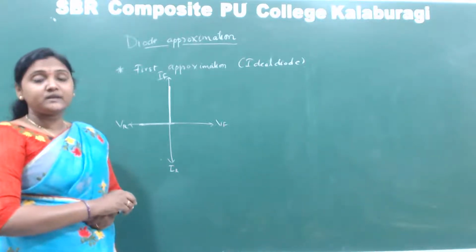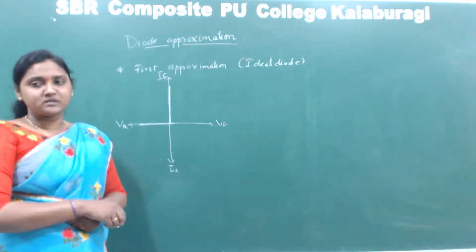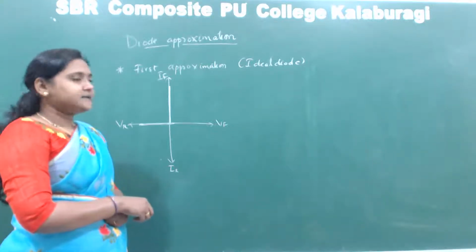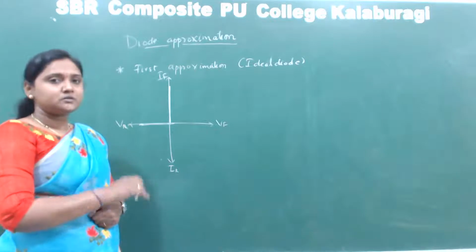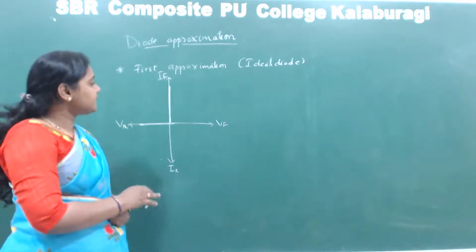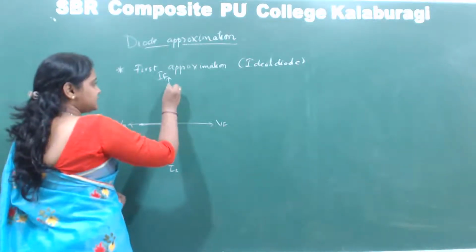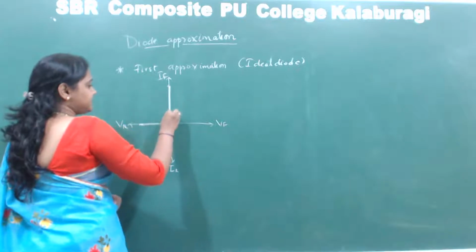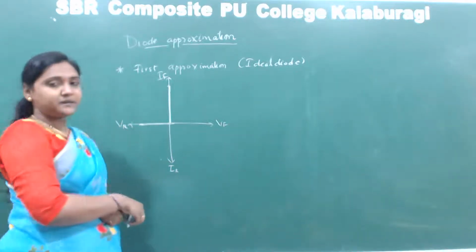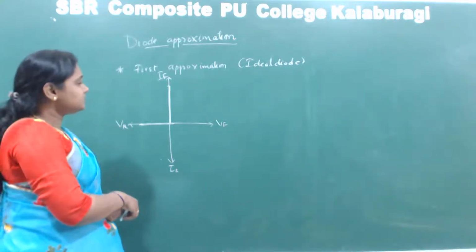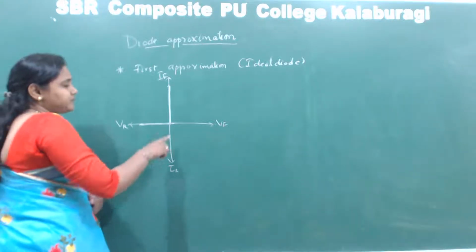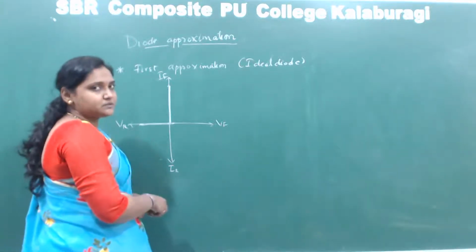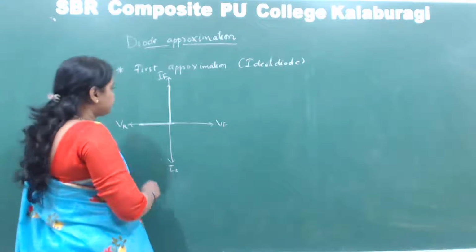In the ideal diode case, we consider that immediately after the voltage is applied, the current is going to shoot up. Suddenly the current should increase, like this, to the maximum current. Maximum current should result by immediate application.